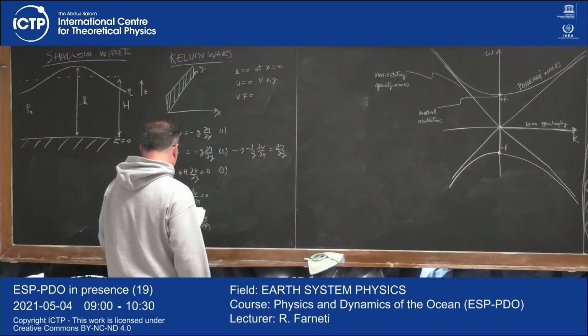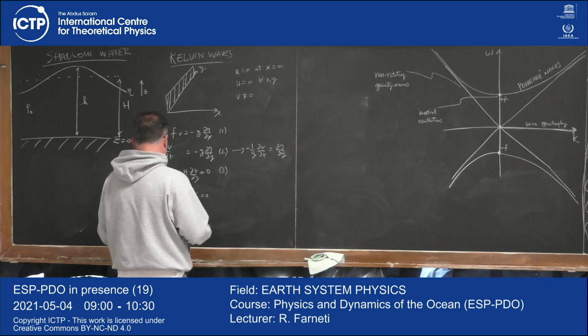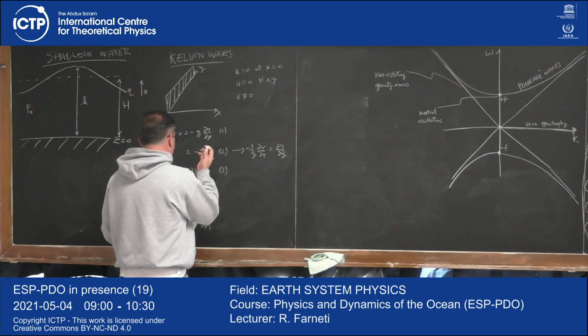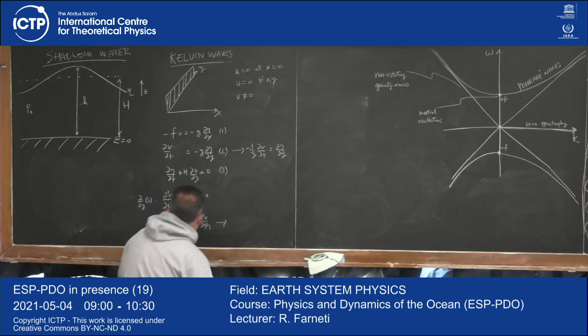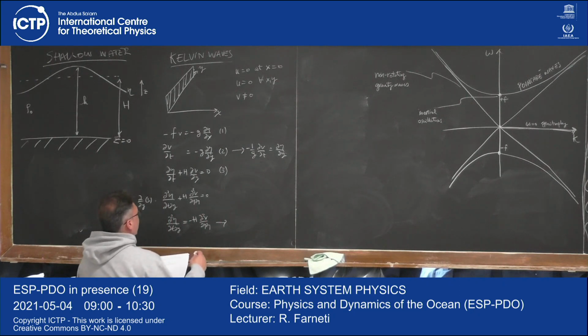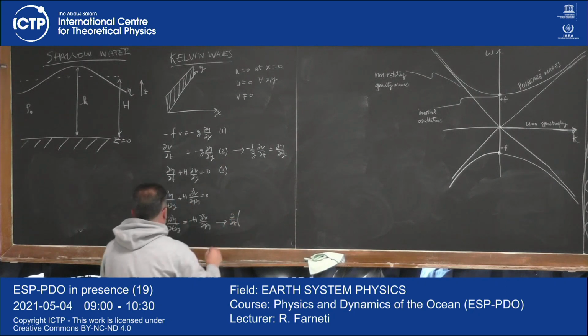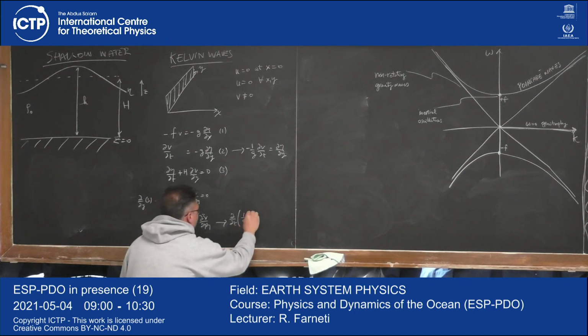Oh no, sorry, I use this into the continuity equation in order to eliminate eta. So this is the d by dt of 1 over g dv by dt.